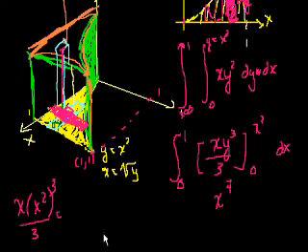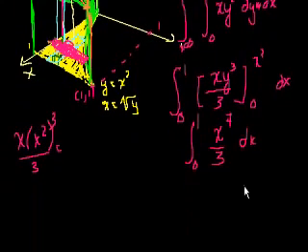X to the seventh, right? x squared to the third, you multiply the exponents, and then you add these. x to the seventh over 3 minus this evaluated when y is 0, but that's just going to be 0, right? And then we evaluate that from 0 to 1, dx. We're almost there. Increment the exponent.